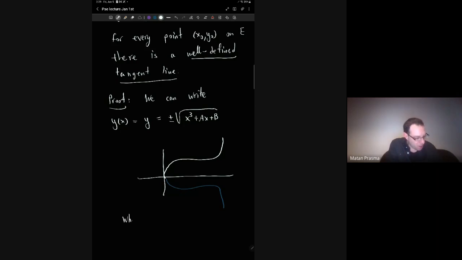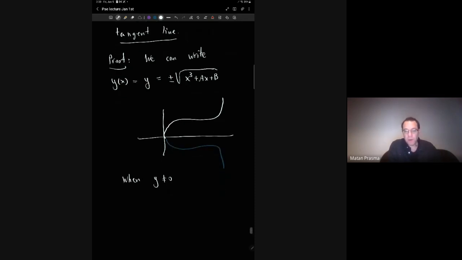And when y is non-zero, then I can simply take the derivative. dy over dx is going to be plus minus (3x squared plus a) over 2 times the square root of x cubed plus ax plus b, equals 0, right?